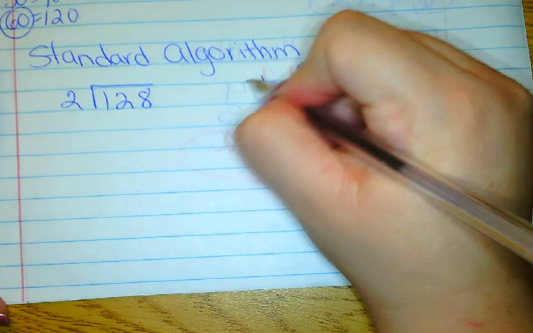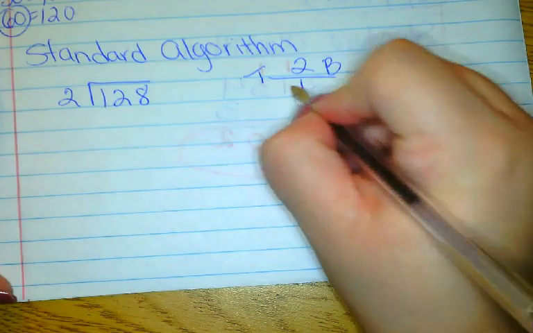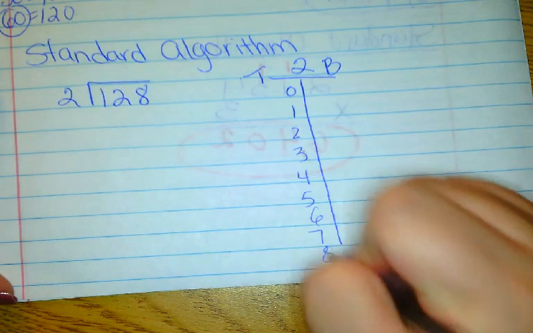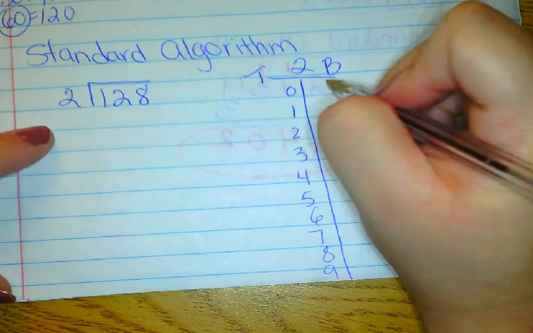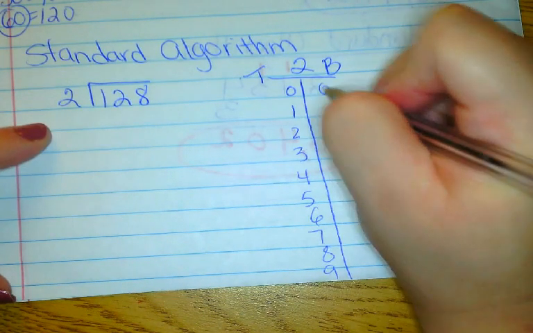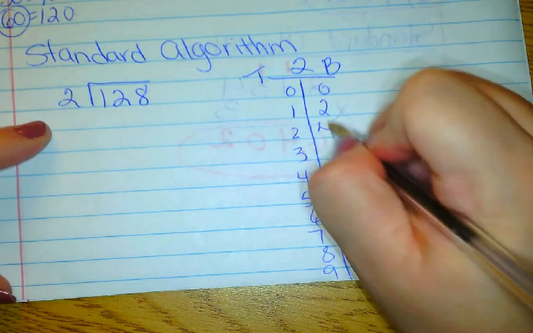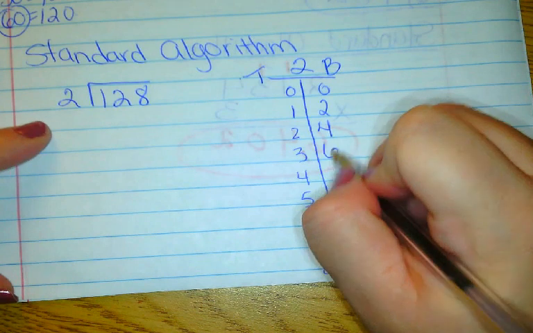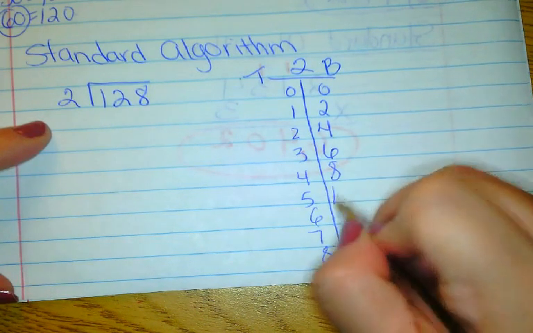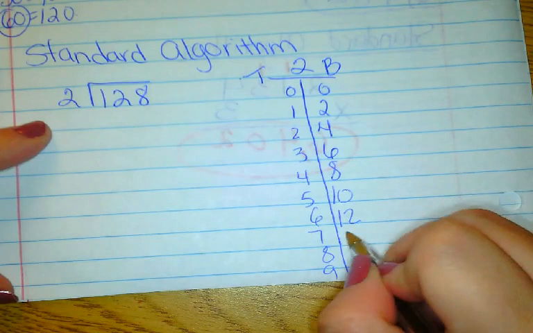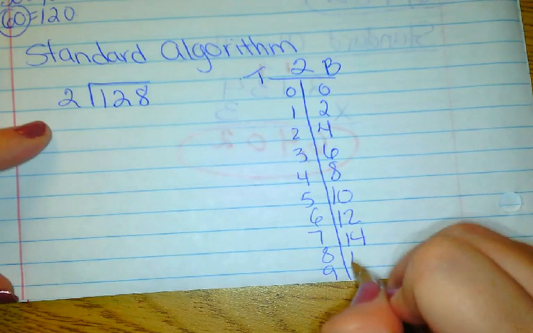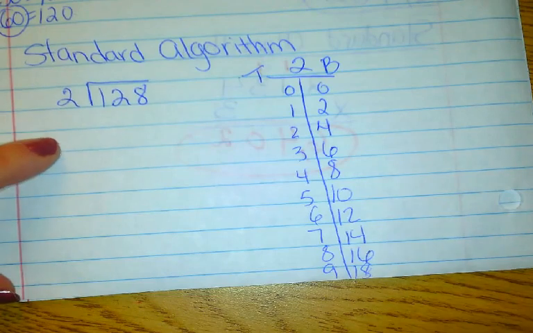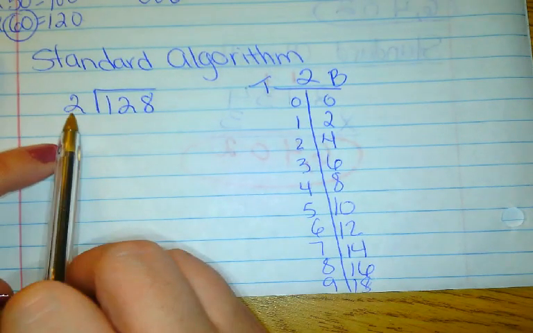This is your top, this is your bottom. 0, 1, 2, 3, 4, 5, 6, 7, 8, 9. 0, 2, 4. Come on, guys. 6, 8, 10, 12, 14, 16, 18.